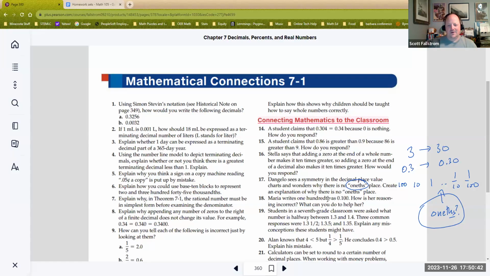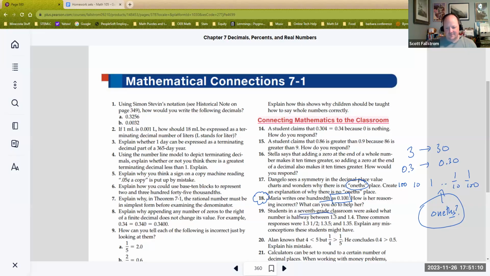And Maria writes 100th as this. Okay. How is her reasoning incorrect? What was she thinking? She clearly has an idea. She's written something that involves 100. So I wonder if maybe she's thinking something like that, but you do it. Tell Maria. What are you going to do to help Maria understand what she's mixing up or missing?